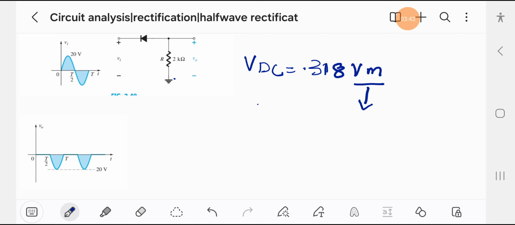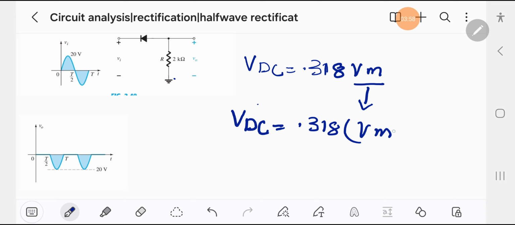When we are using a silicon diode, we move to a realistic formula, which is this formula. For a silicon diode, Vk is equal to 0.7 volt.